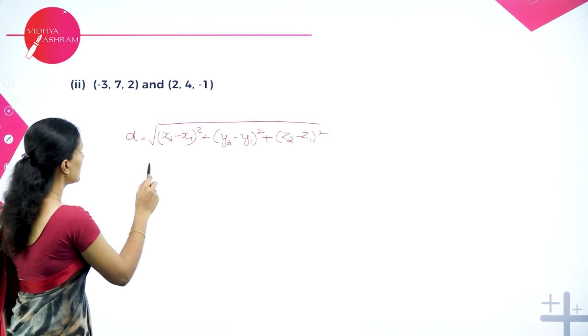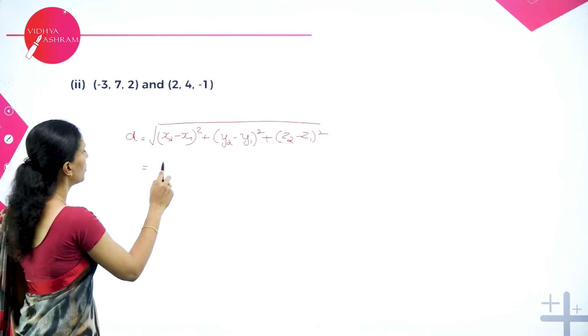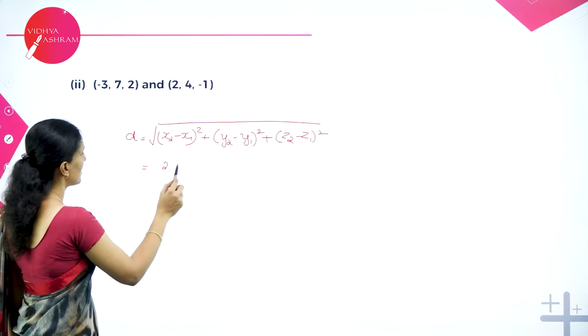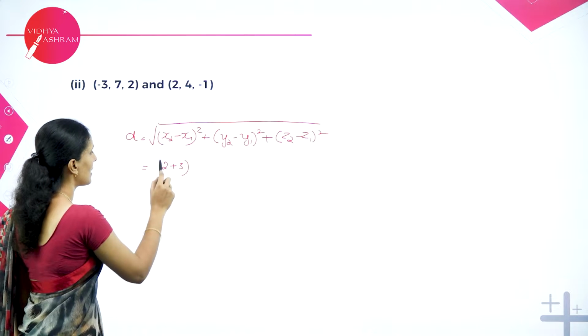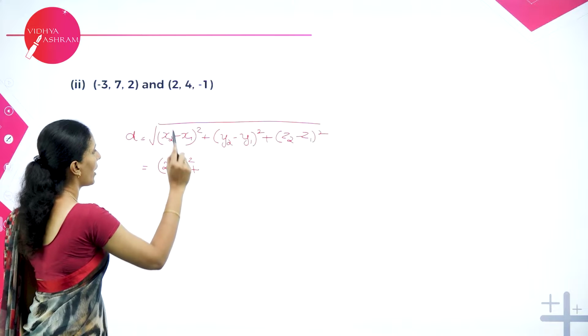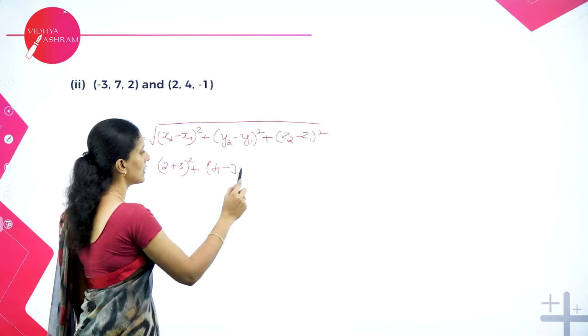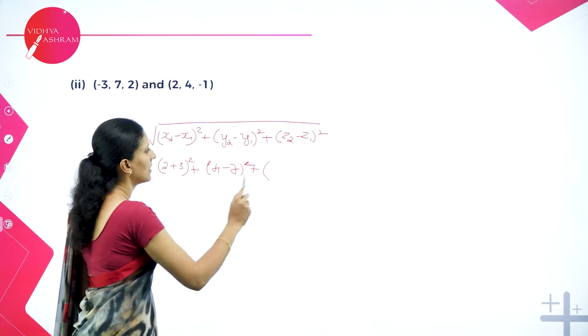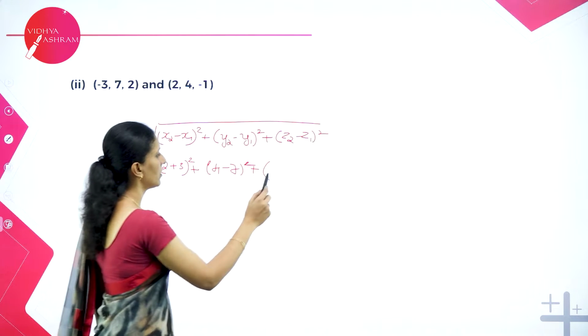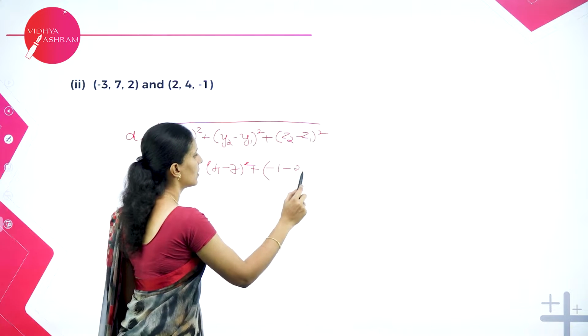Now let's apply this. What is x2? We have 2. x1 is minus 3. Minus of minus 3 is plus 3. Next, y2 is 4. y1 is 7. So minus 7 whole square plus z2 is minus 1. z1 is 2.